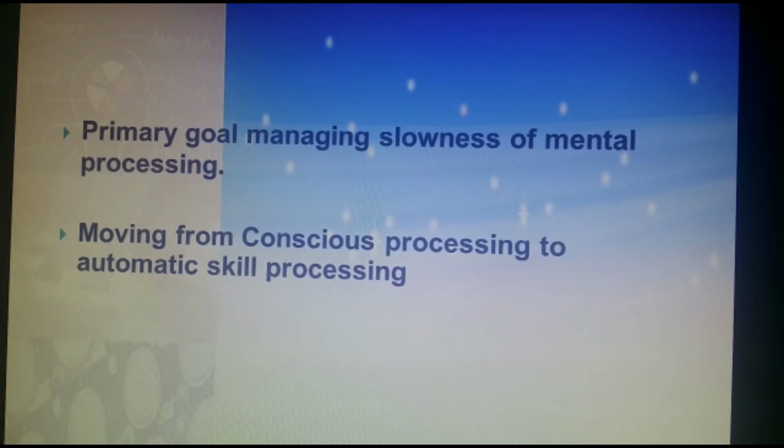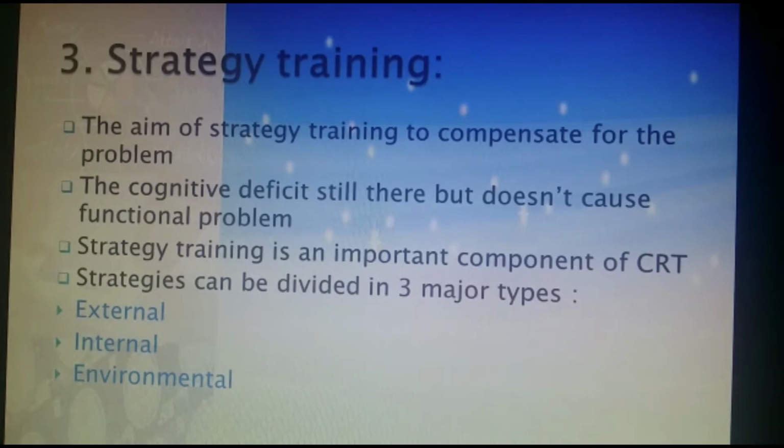But for those patients with mental slowness, they cannot reach this level. So most of the tasks they do are conscious, which means slow. So we need to move from this stage to that stage. So this is about process training.